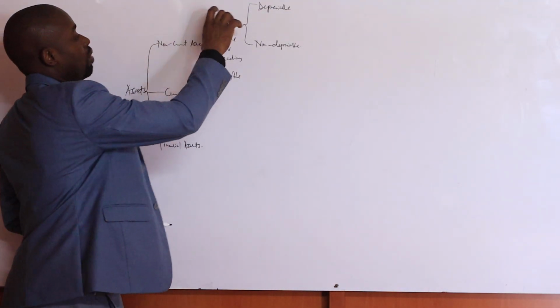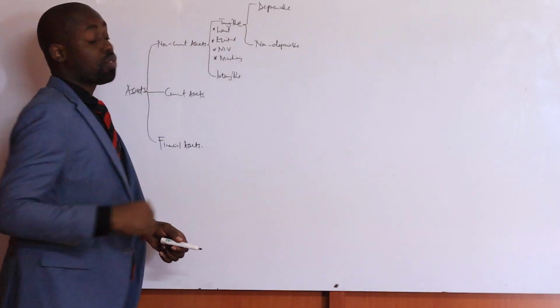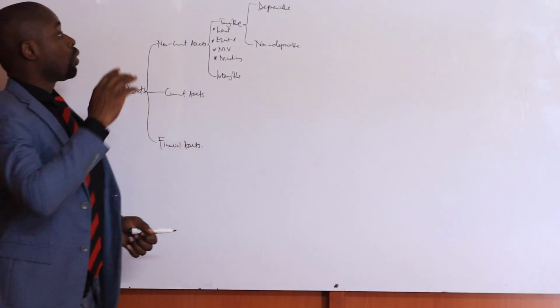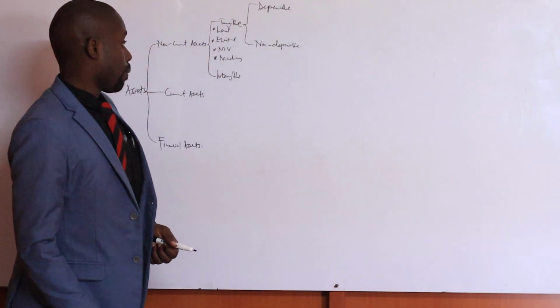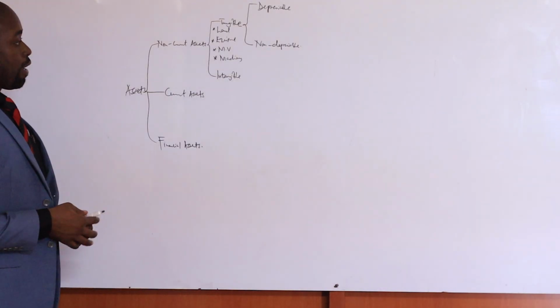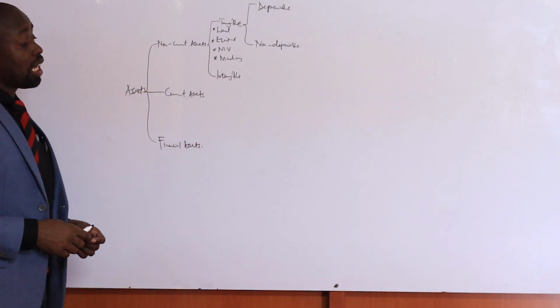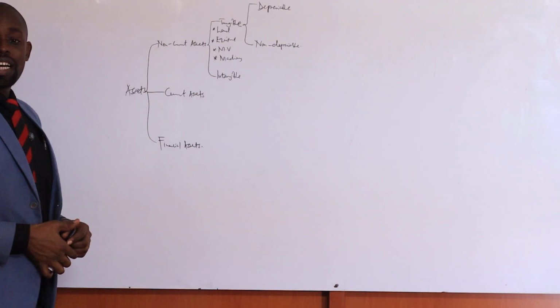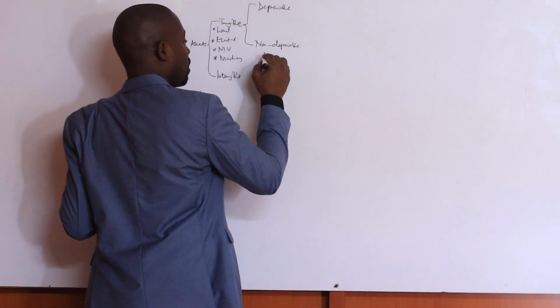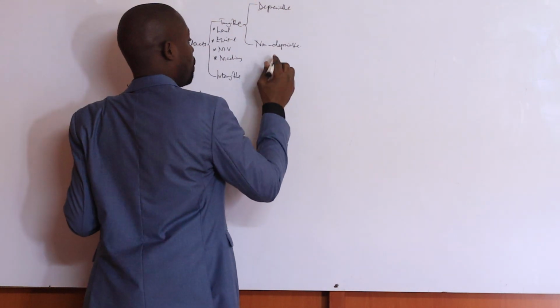Now, among these tangible ones, we have got those that lose value, and those that don't lose value over time. So those that lose value are called depreciable. We have got equipment, motor vehicle, machinery, furniture and fittings, plant, among others. Land does not depreciate, it's called non-depreciable.